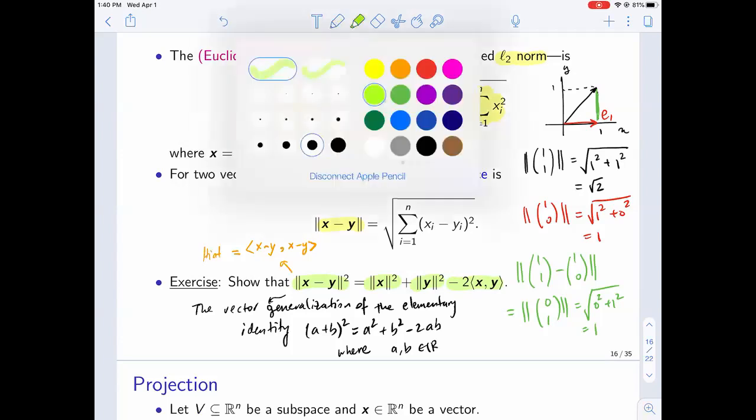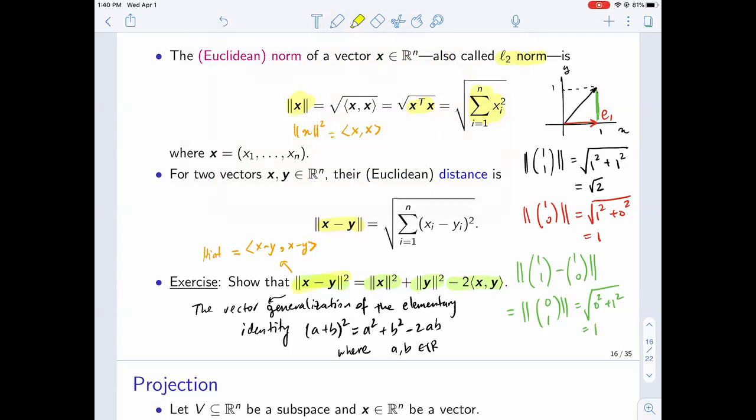So if I square this, it's equivalent to taking the inner product of x minus y and x minus y, and then you expand, and then use bilinearity of inner product.